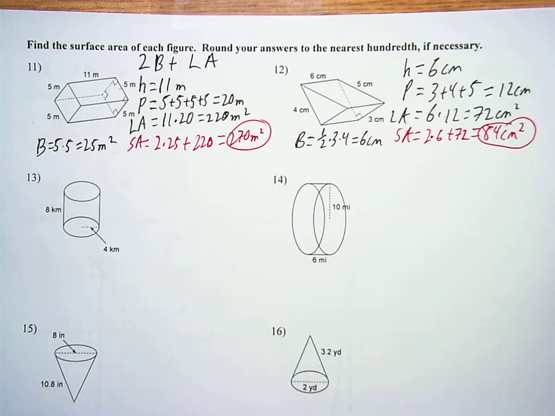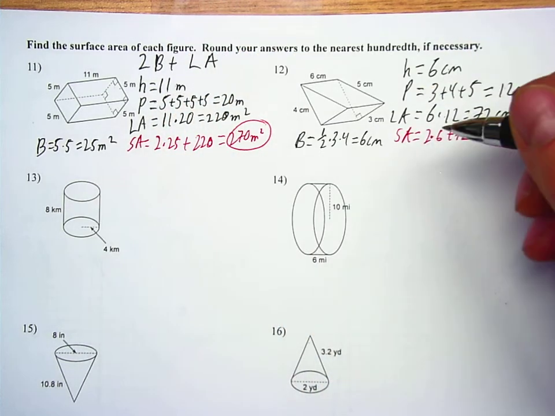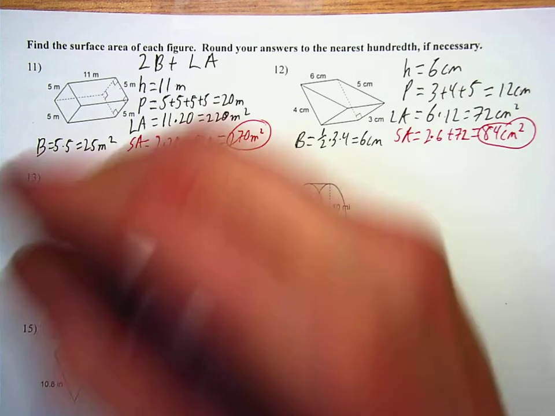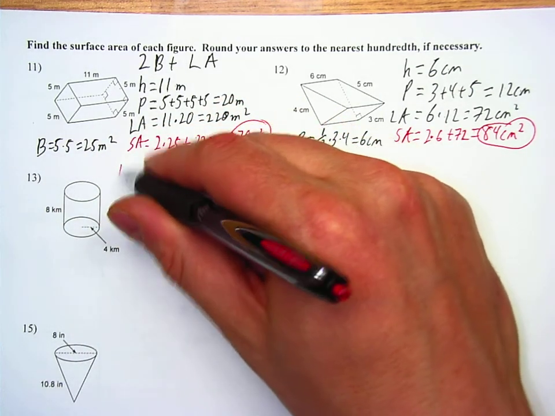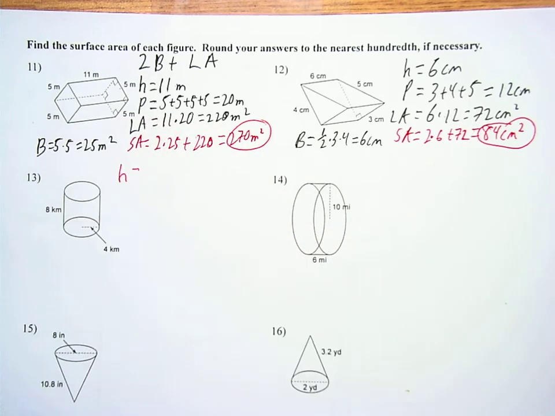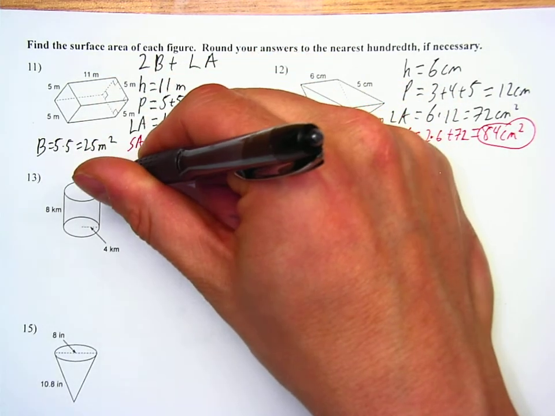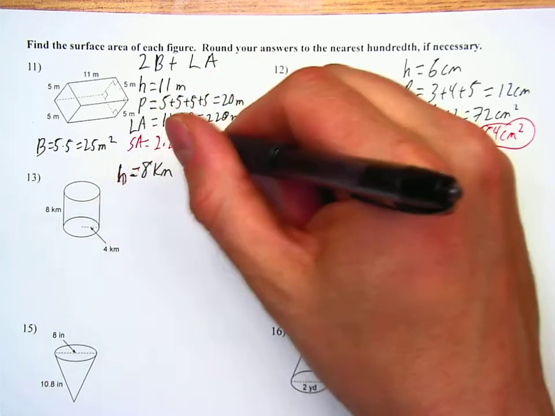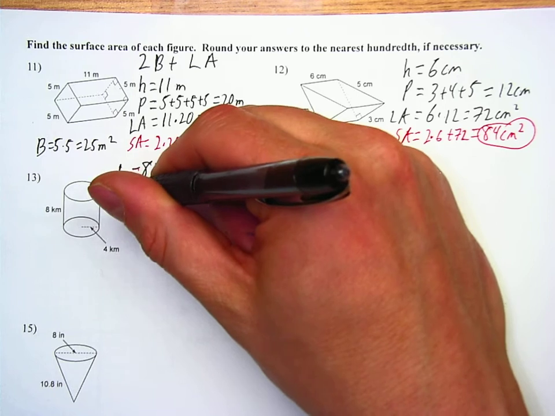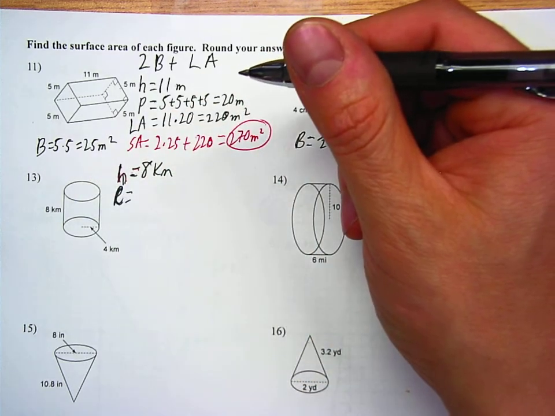Next items, we have the cylinders. They work the same way, 2 times the area of the base plus the lateral area. So this time, I'm going to take my height of 8 kilometers. My perimeter is the circumference of the circle, so I can call that C instead of P if I want, or I can call it P if I want to as well.